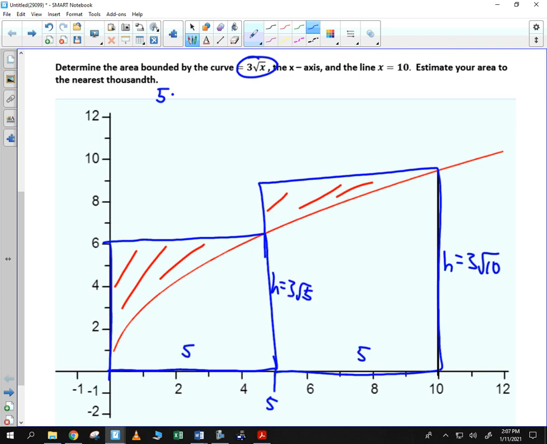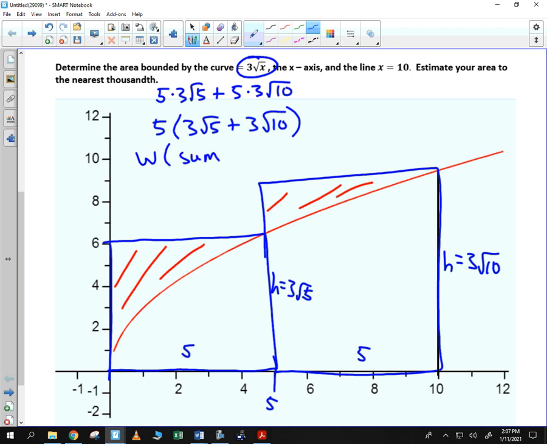So we have 5 times 3 roots of 5 plus 5 times 3 roots of 10. As you notice here, you end up with 5 times the quantity, 3 roots of 5 plus 3 roots of 10. Or in other words, the width times the sum of the heights.